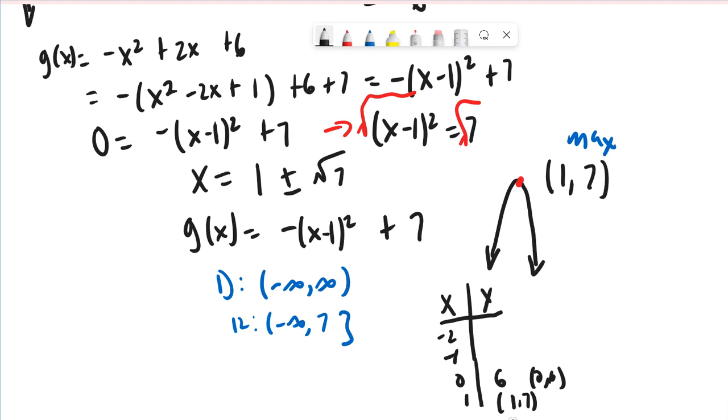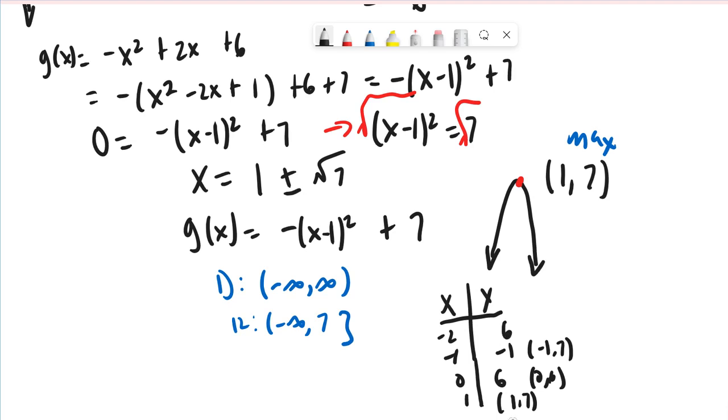But if you plugged in -2 and -1 respectively, then at -1 the value that corresponds to it is actually 7. But if you plugged in -2, the value that you get is actually 6.